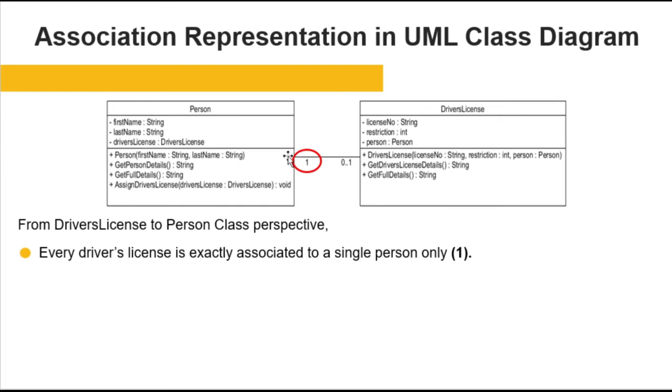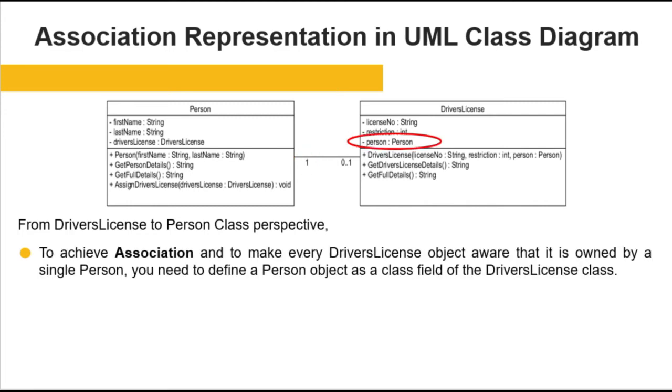As you can see here, we use one as its multiplicity from driver's license to person class, which means every driver's license is exactly associated with a single person only, that is the one multiplicity as shown in the given figure. So this one. In the real world scenario, it is not possible that more than one person is assigned to own a single driver's license. So that's the reason why we use one from driver's license class to person class perspective.